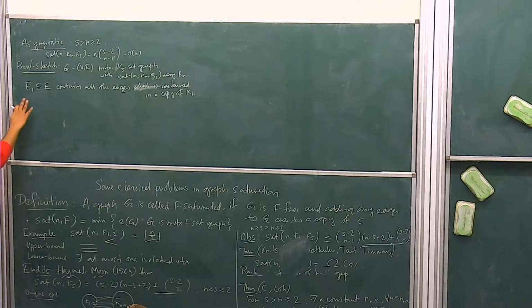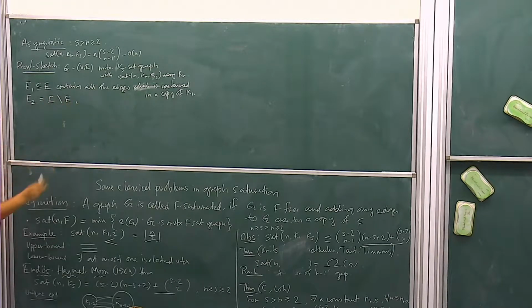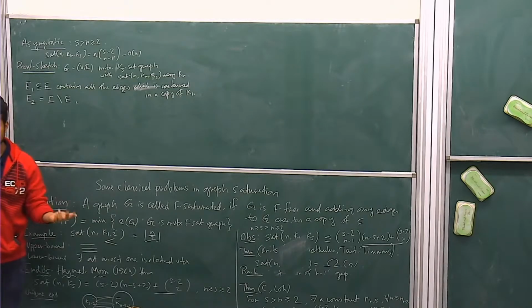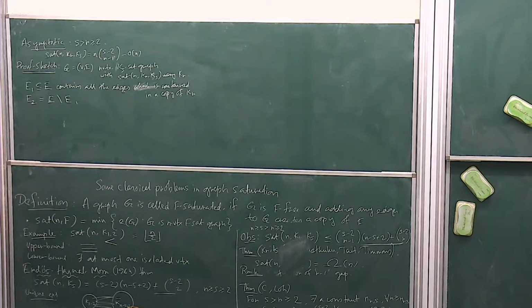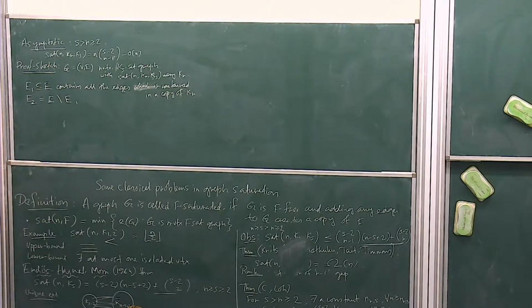So E_1 denotes the edges which are in a copy of K_r, and E_2 the rest of the edges. Note that all the edges in E_1 are participating in the count of the number of K_r's, right? And the edges of E_2 are not really contributing to the number of K_r's. They are just somehow blockading the space, right? So you need to treat these two edge sets in different ways.